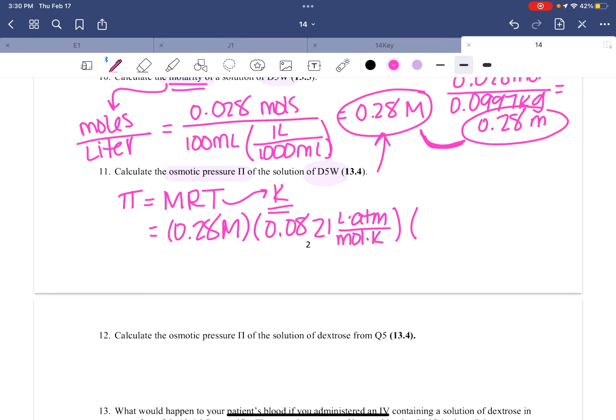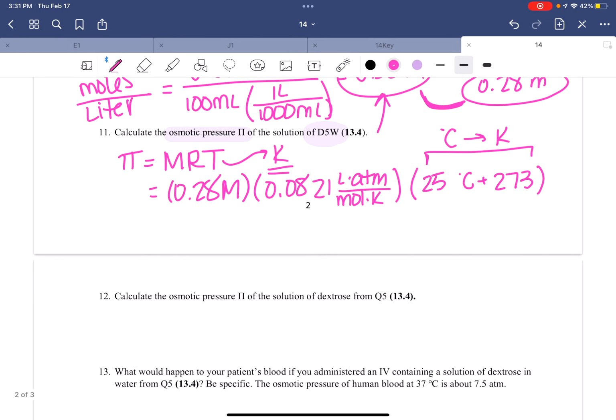And then we're going to multiply it by the temperature, and we're going to convert the degrees Celsius, which is 25 degrees, plus 273 approximately, so that we convert, this is the degrees Celsius to Kelvin conversion. And when we plug all of that into our calculator, we end up with approximately 6.9 atmospheres.